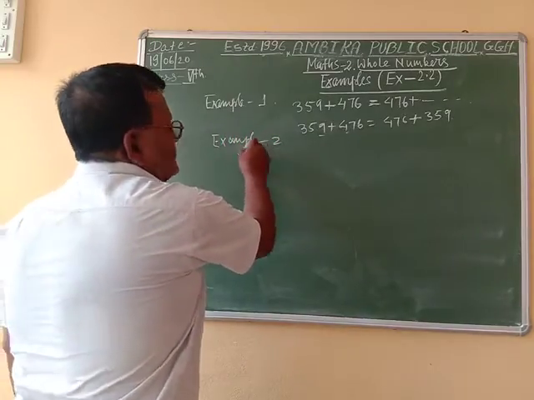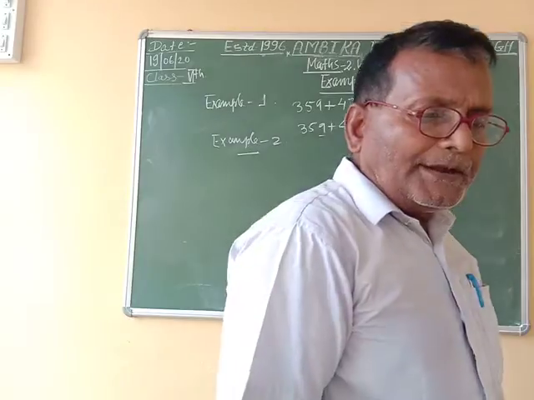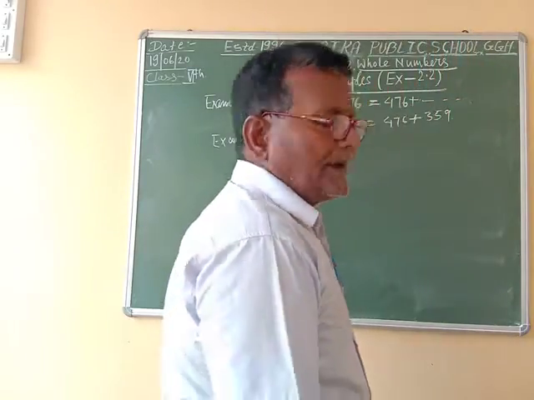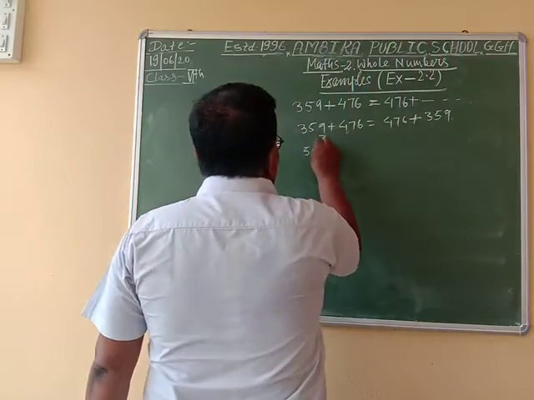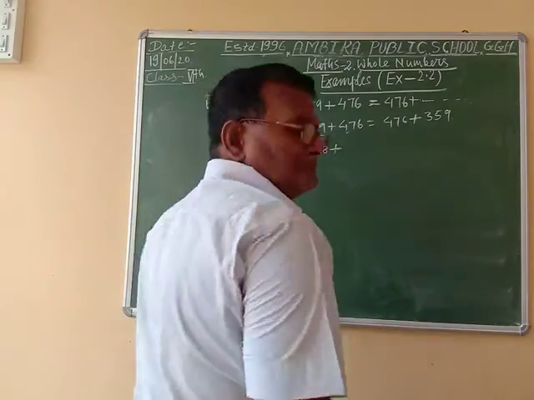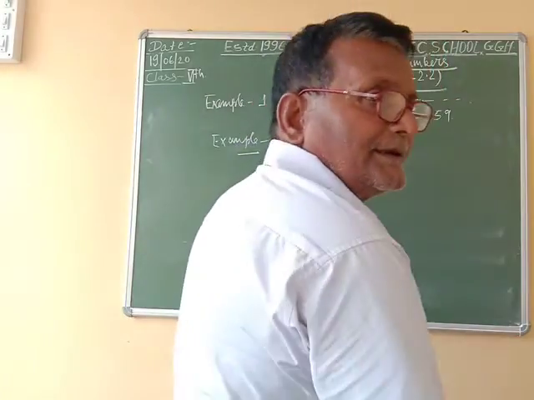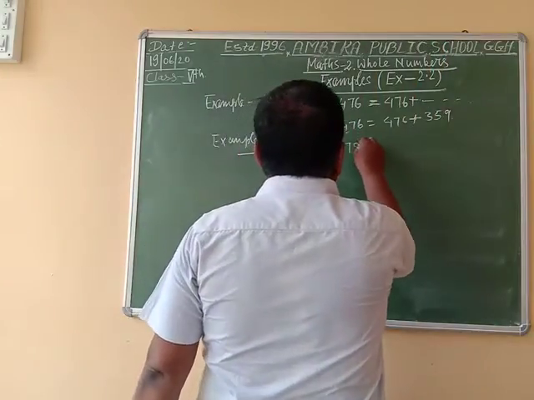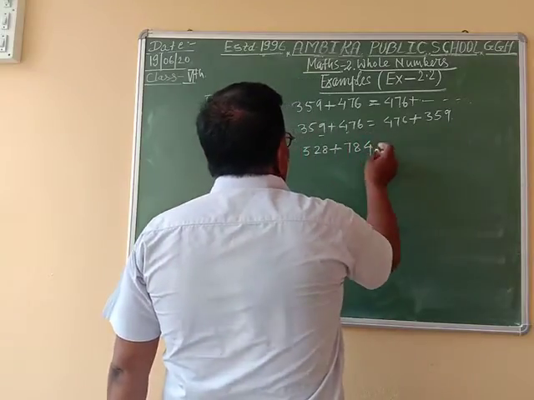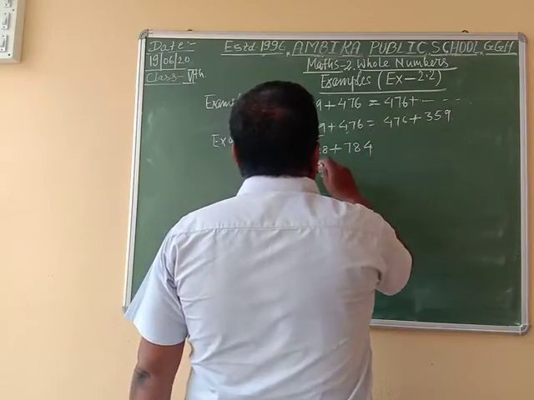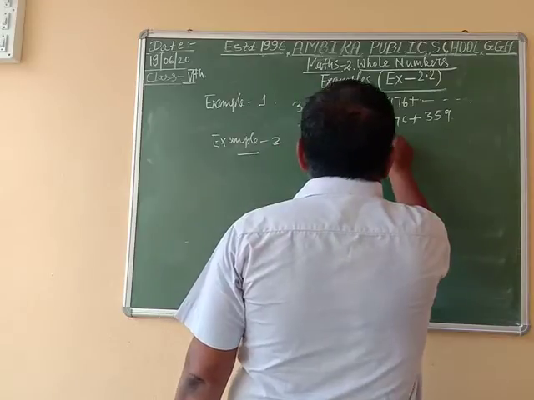In example 2, we are given 5 to 8 plus 7, 8, 4.